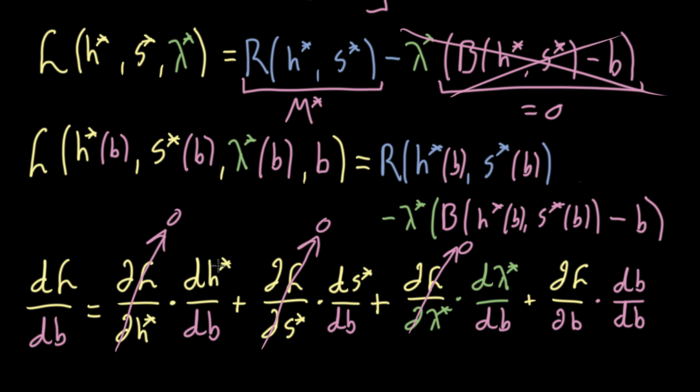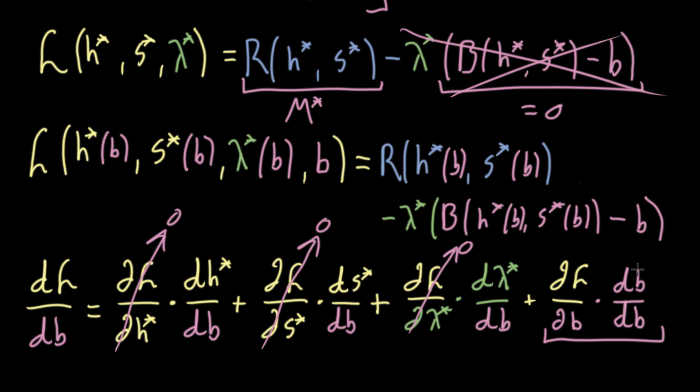By definition, h star, s star, and lambda star are whatever values make it so that when you plug them in, the partial derivative of the Lagrangian with respect to any one of those variables equals 0. So we don't even have to worry about most of this equation. The only part that matters here is the partial derivative of L with respect to b, that we're now considering a variable, multiplied by, well, what's db db?